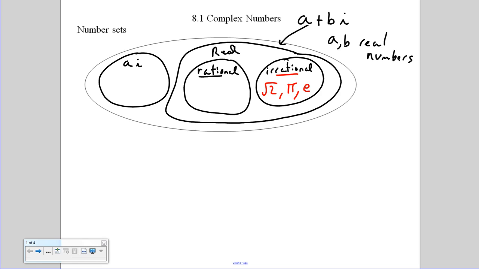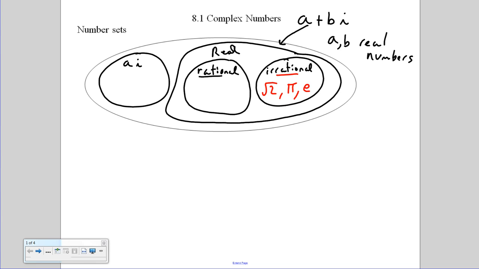Well, within the rational numbers, and by the way, all this real number system, that's like the number line that you usually see in math classes, all the numbers on the number line.